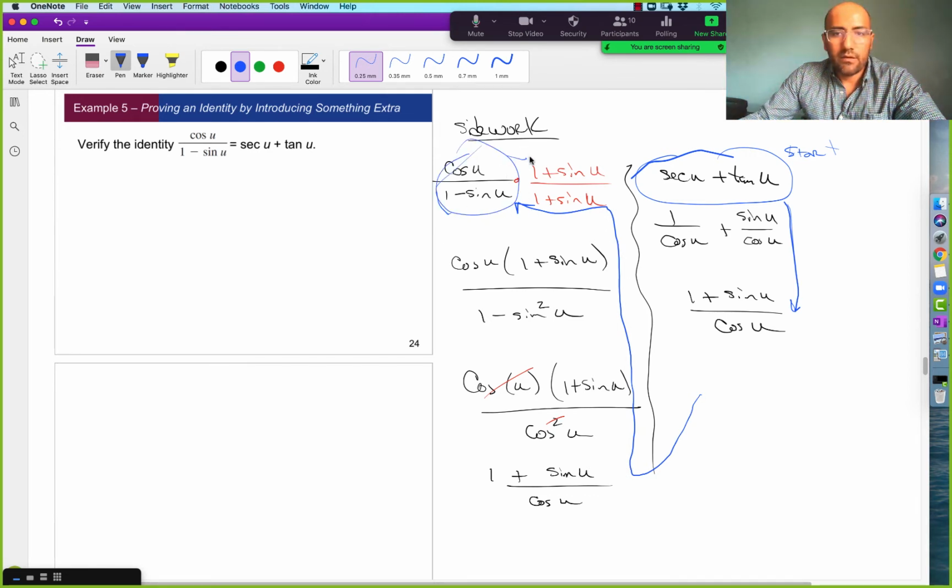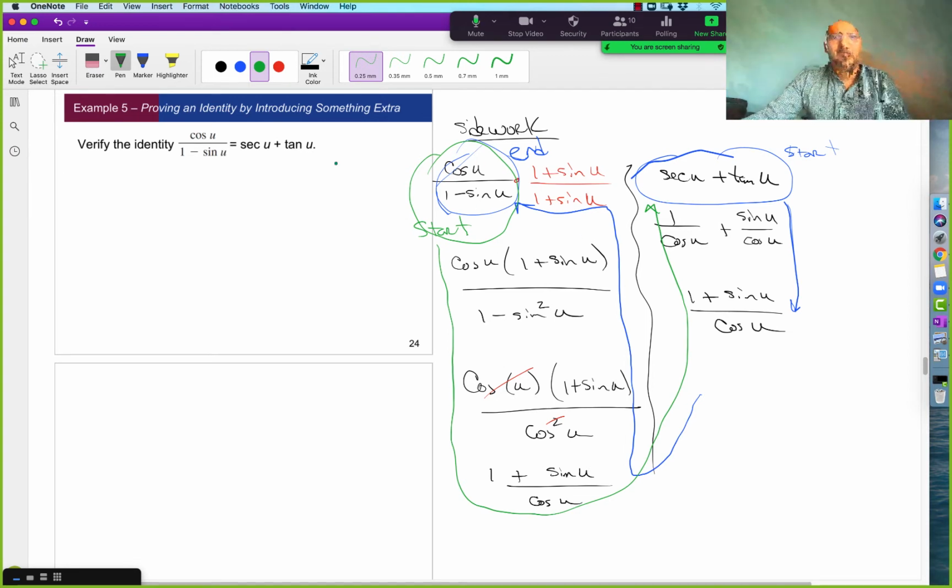Or the other way around, I can start here and go this way, this way, this way, this way, and then zigzag my way up to there. Either way, I can start with one side and do a bunch of manipulations to get to the other side. Good. So this is not your formal proof. Now you got to go back and write it in a nice, neat way.